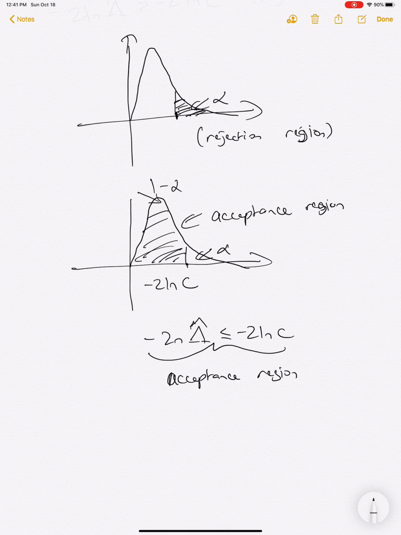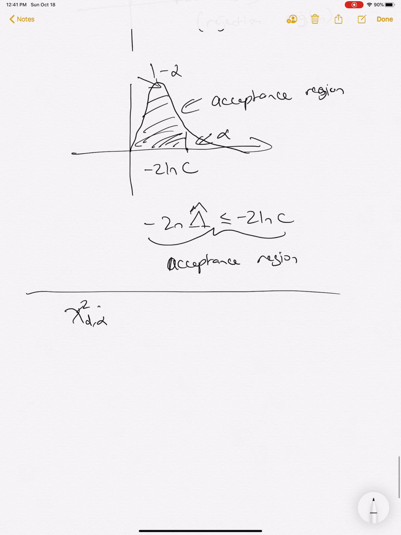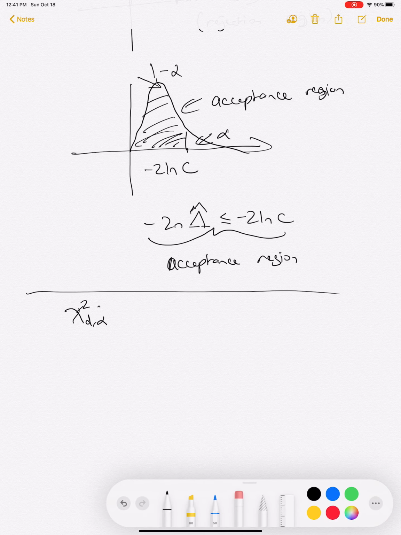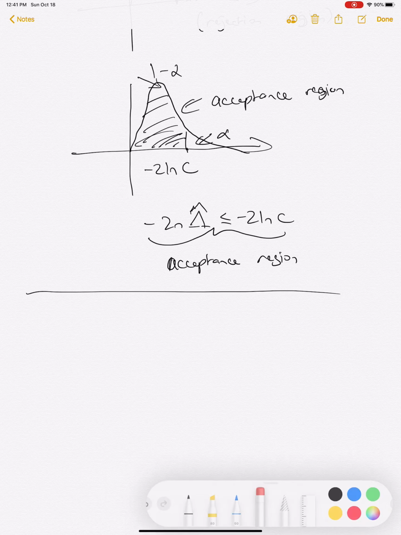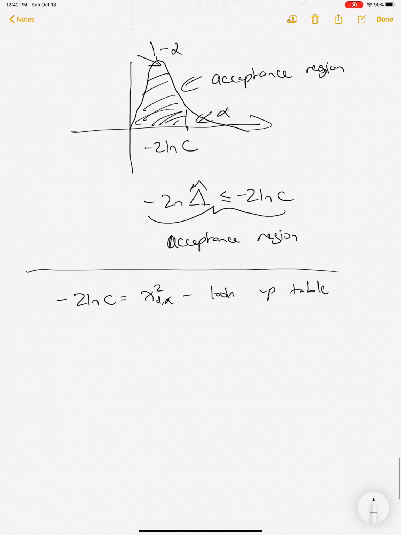I'm going to use this notation, chi-squared d alpha, just like I use the z-score for the normal table. We'll say negative 2 ln c equals chi-squared d alpha. This is where we just look up the table to find that value.